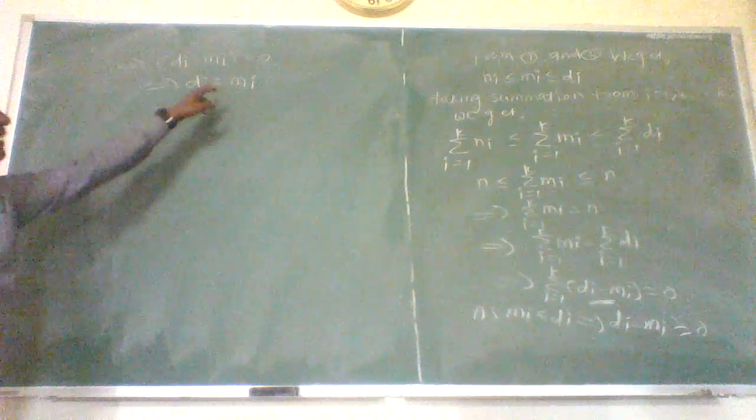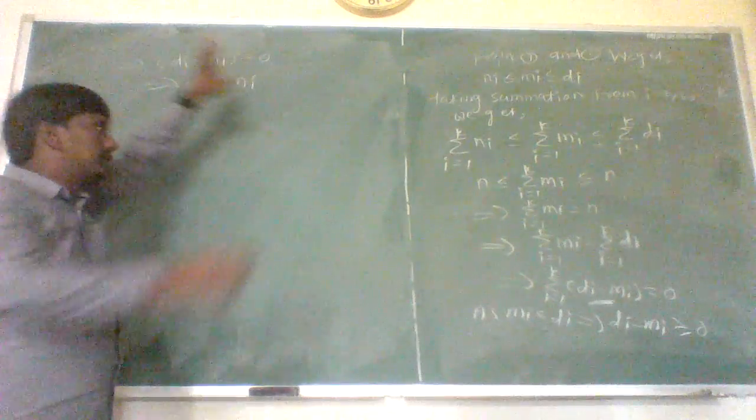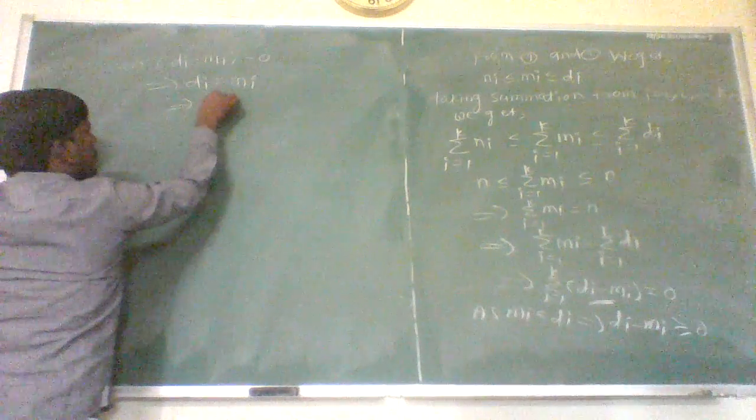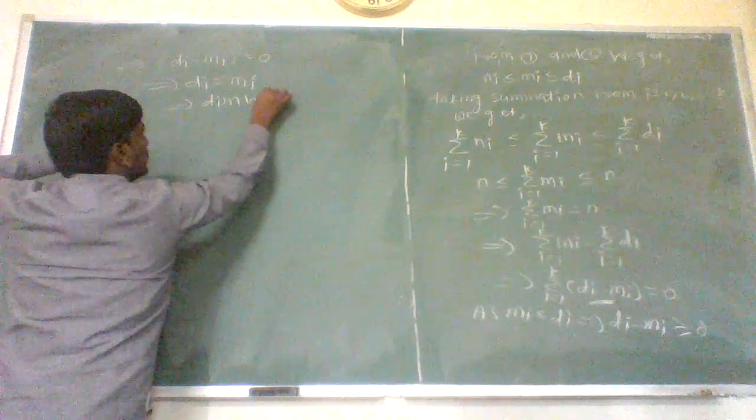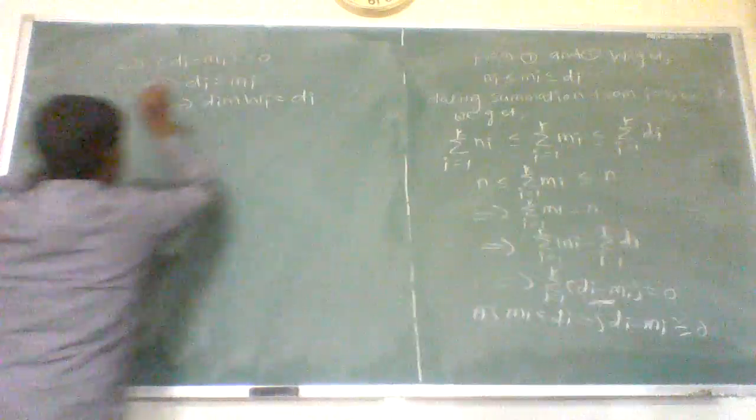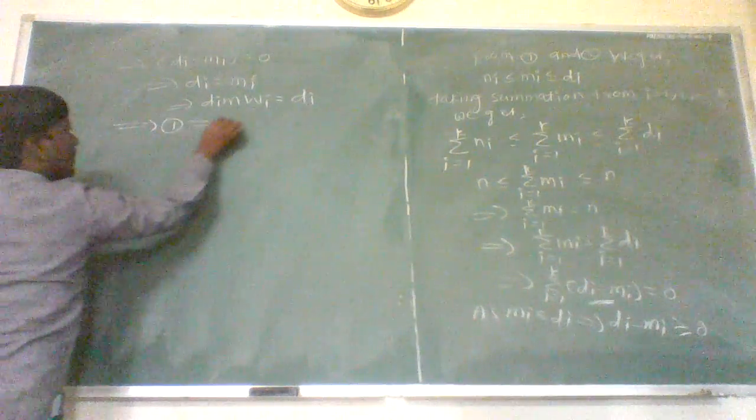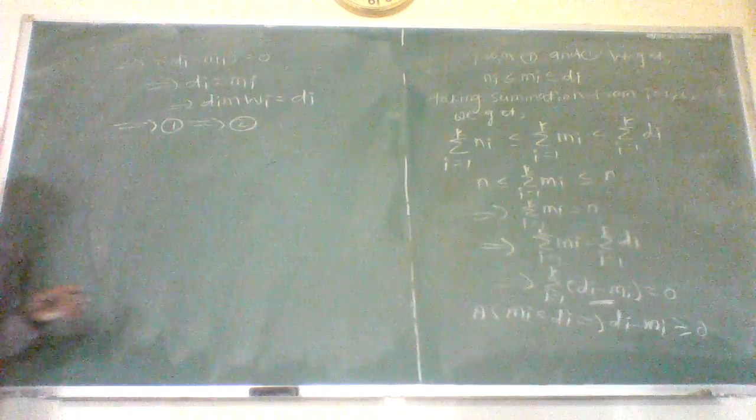But mi is the dimension of each Wi, which implies the dimension of Wi is equal to di. So here we have proved 1 implies 2.